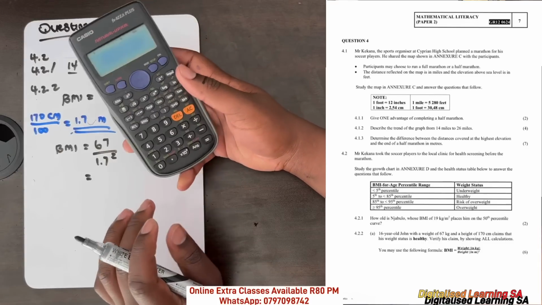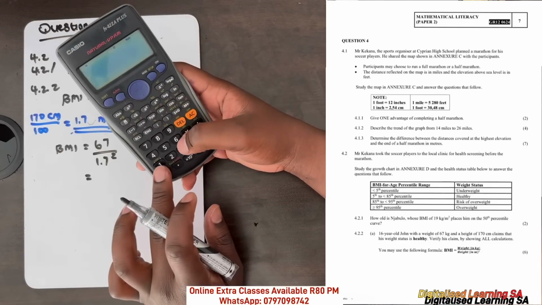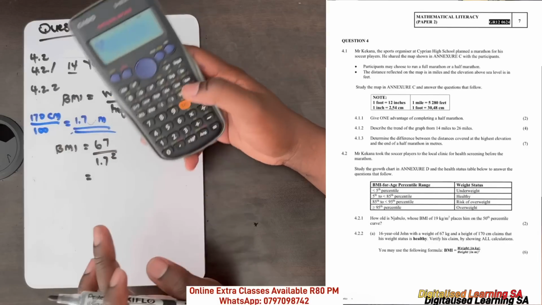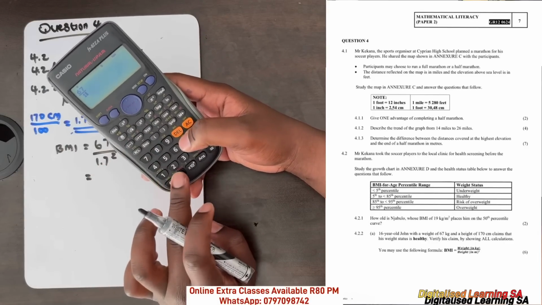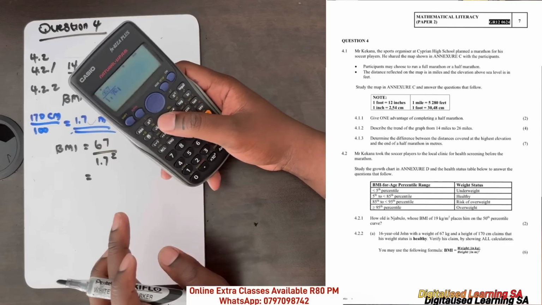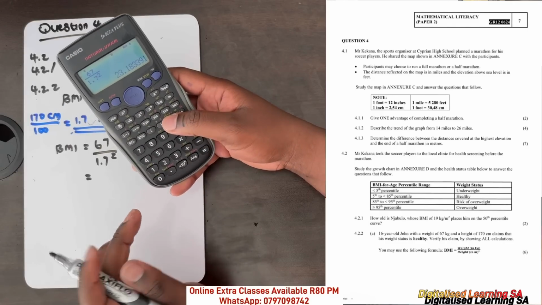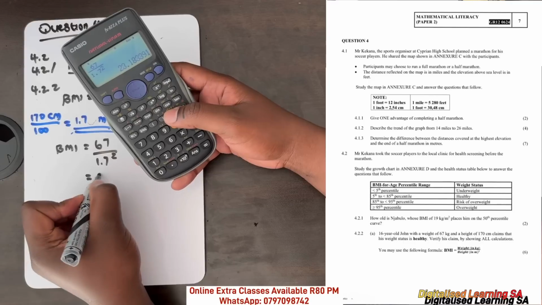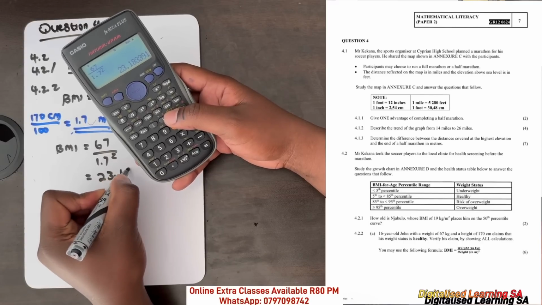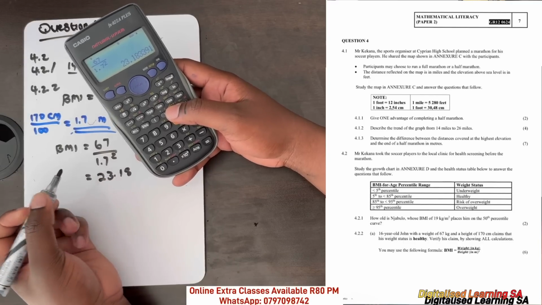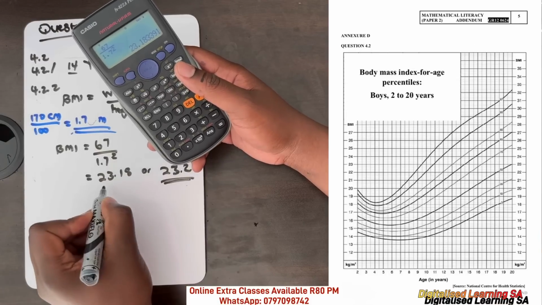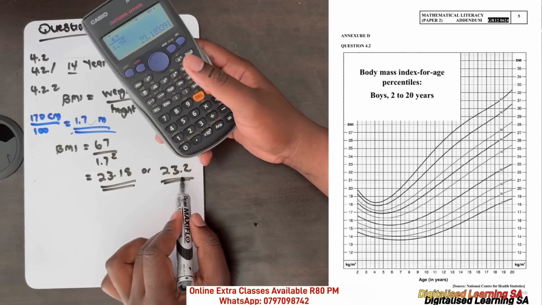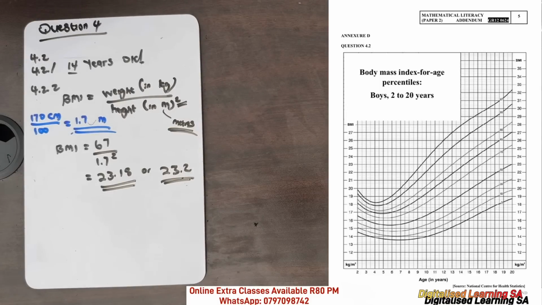So it will be 67 divided by 1.7 to the power 2, and it will be 23.18. We can say 23.18, or we can say 23.2. Still one and the same thing. Here we just rounded it off to one decimal place. So our answer will be our BMI.